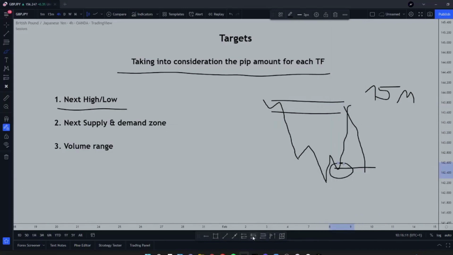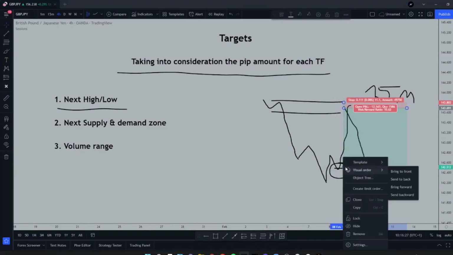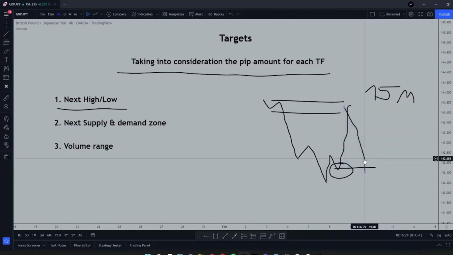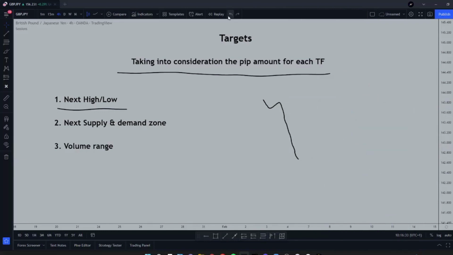Okay, let's say this is 40 pips to this low. Then if you enter right here, this would be a good target. Don't mind the pips right now, this really depends on the time frame we're at. But if this would be a 15-minute low, and if this would be 40 pips, then this would be our target. So we could combine our pip amount with the next higher low.